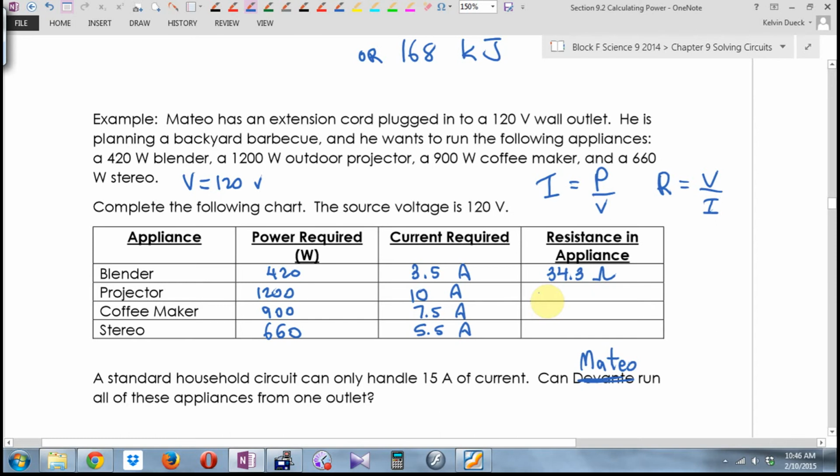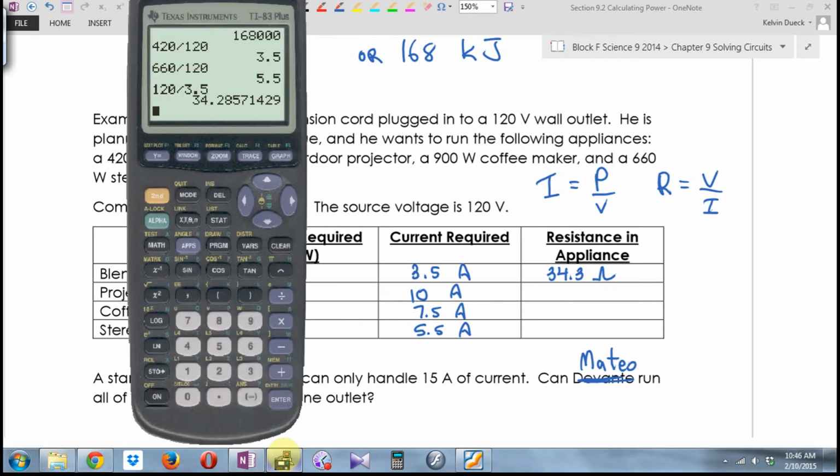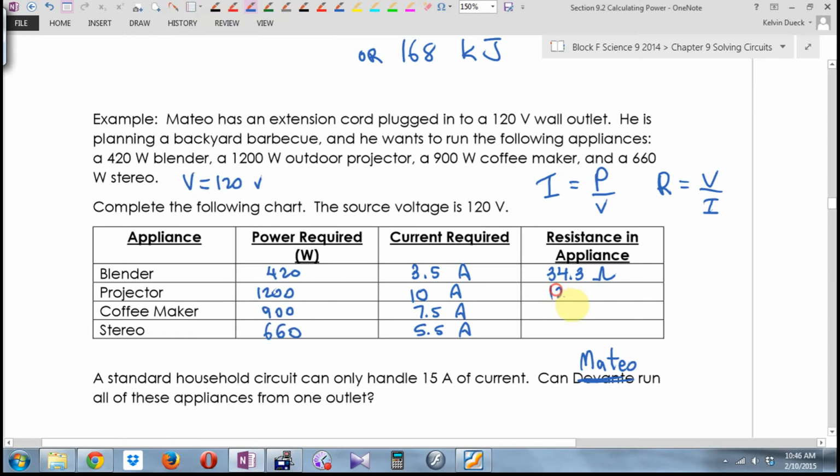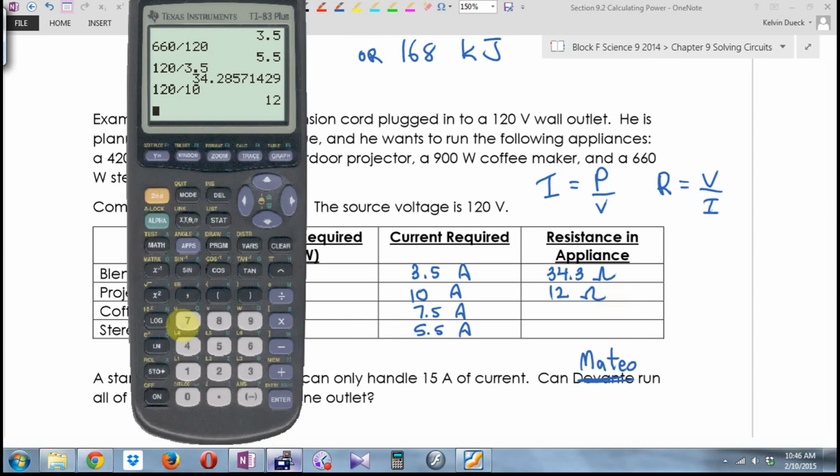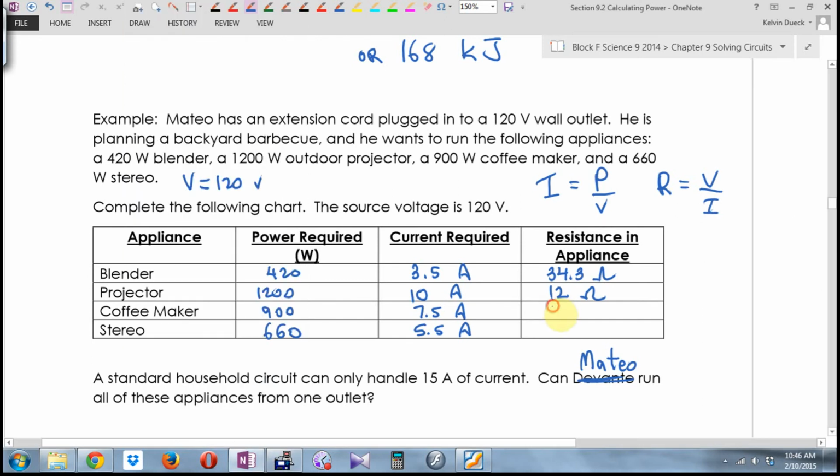What's the resistance in the projector? Well, that's going to be the voltage divided by the current. The projector has a 12 ohm resistance. Yep. What's the resistance in the coffee maker? 120 volts divided by 7.5. 16 ohms.